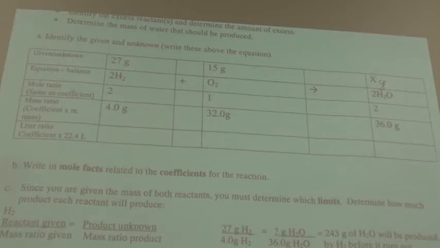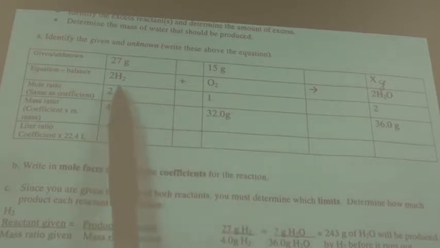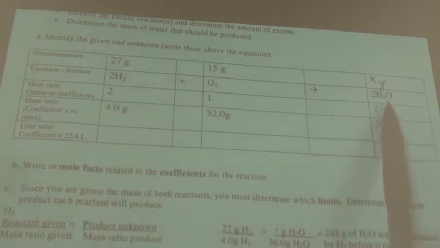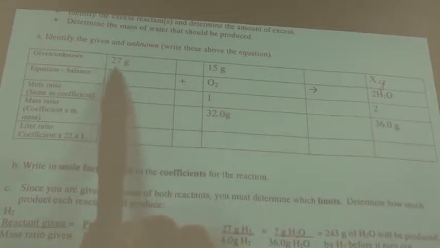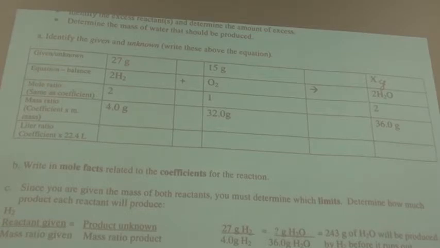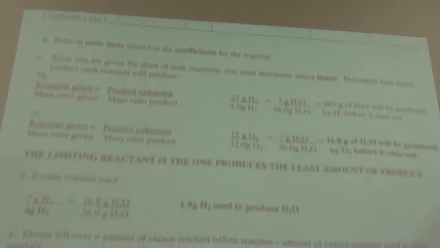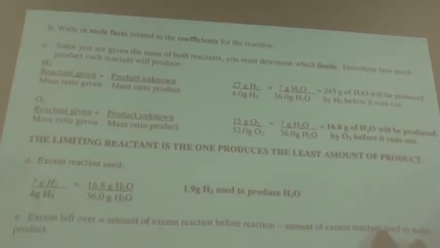However, you do need to know that some of the excess reactant, the hydrogen, is tied up in the water, correct? 16.8 grams of water were made, and some of it contains part of the 27 grams of hydrogen that we started with. How much is tied up in the water? It's the same kind of calculation. The excess reactant used.